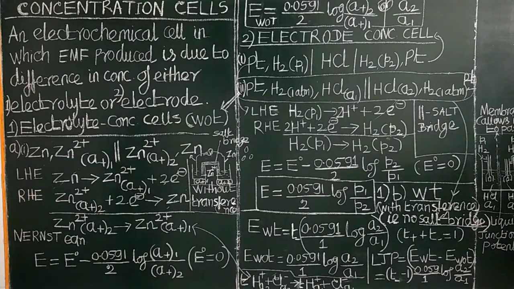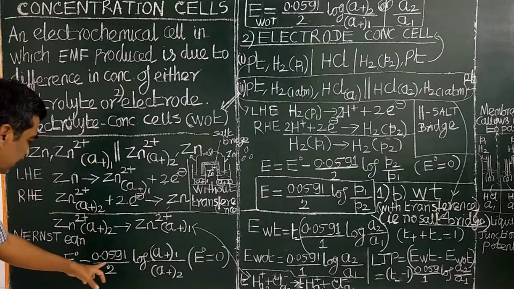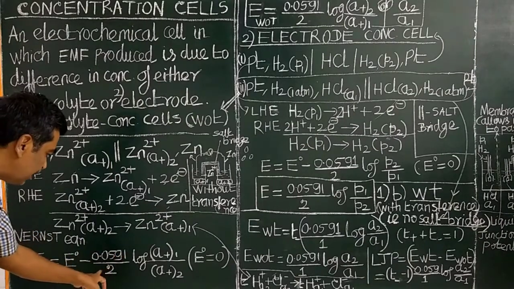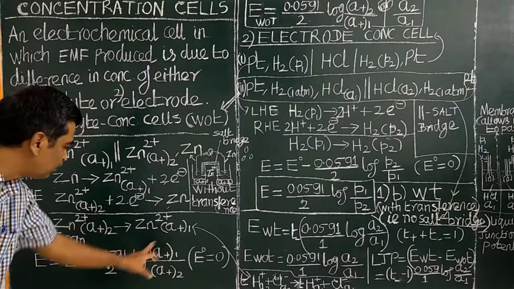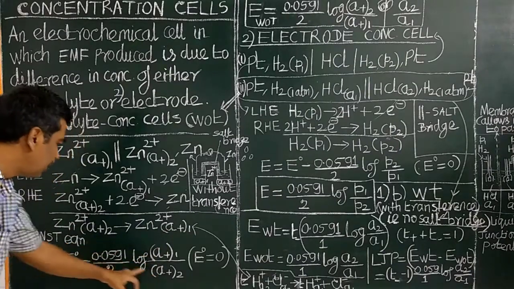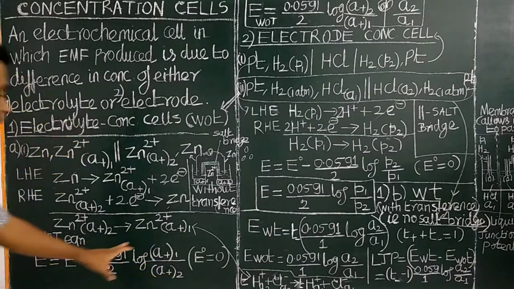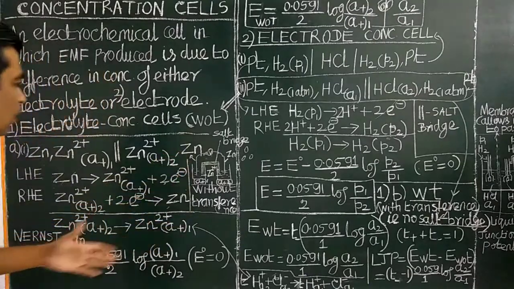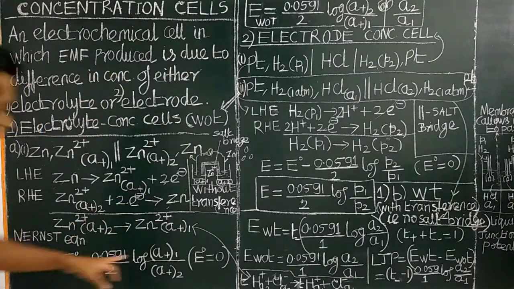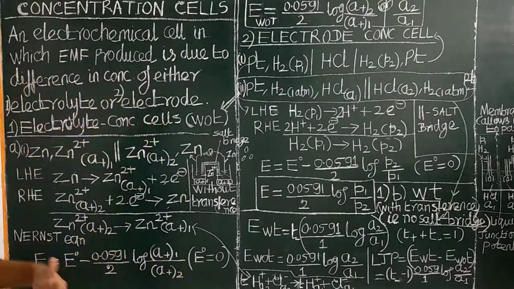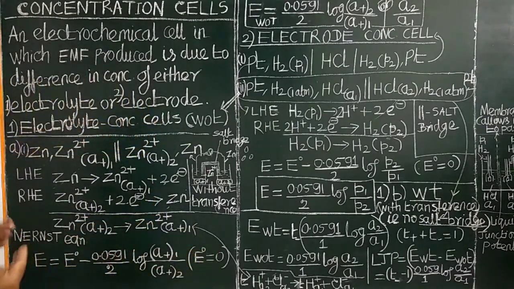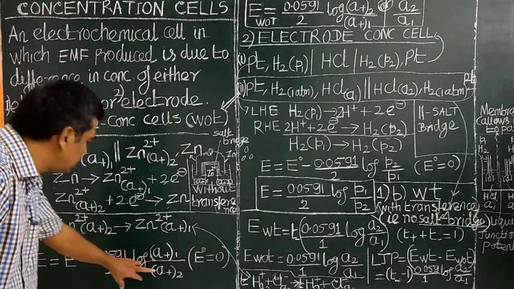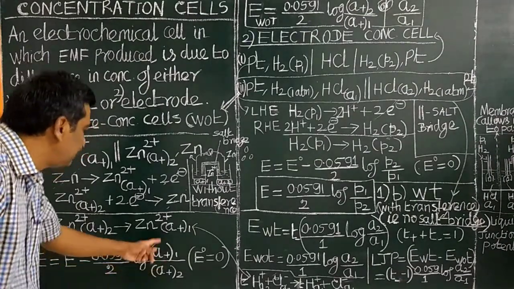Applying the Nernst equation, E equals E0 minus 0.0591 divided by n, where the number of electrons n is 2 here, log of the product of activities divided by the activity of the reactant. For the same electrode, E0 equals 0 under standard conditions, so E right minus E left equals 0. Since there is a minus sign, you interchange.